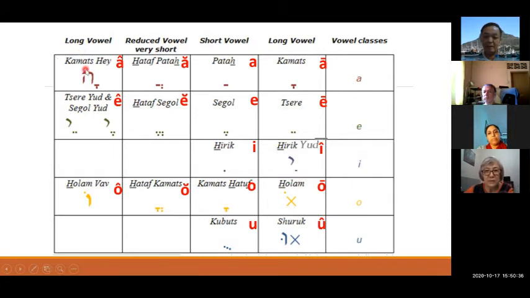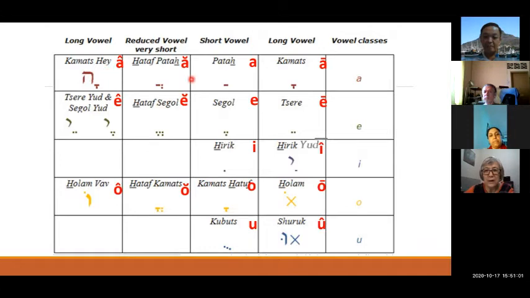Whereas the short vowel here, pata, is a short A. Kamas is long, pata is short, whereas hataf kamas is a very reduced vowel, very short. Long vowels for kamas hey is also very long.